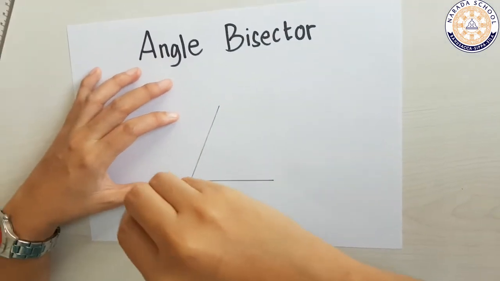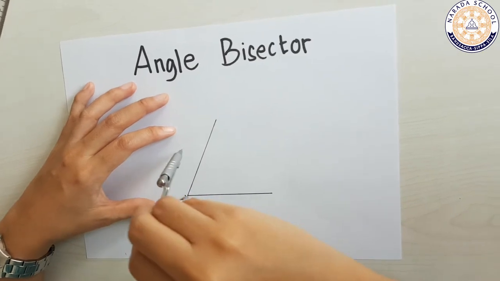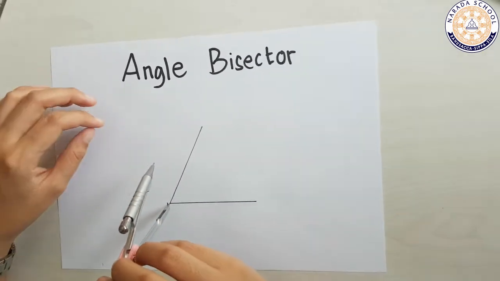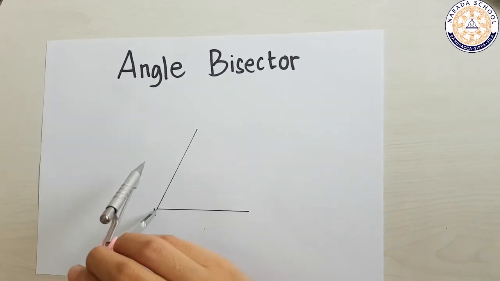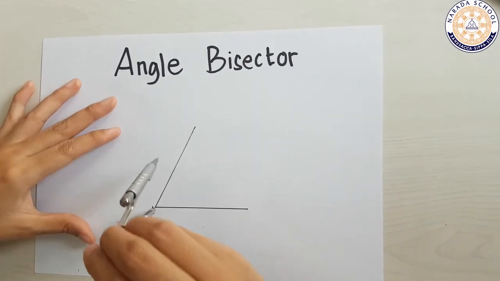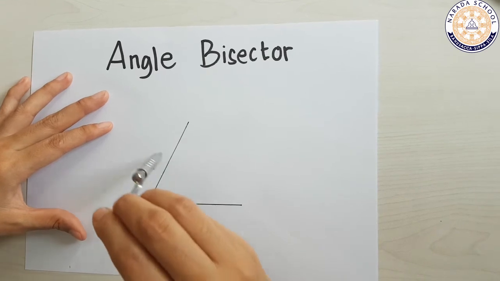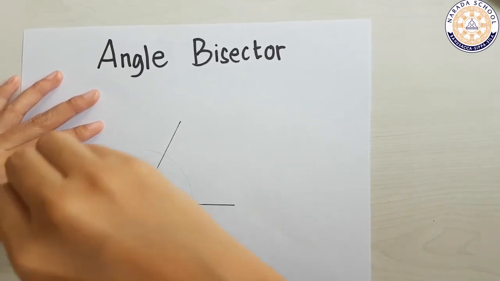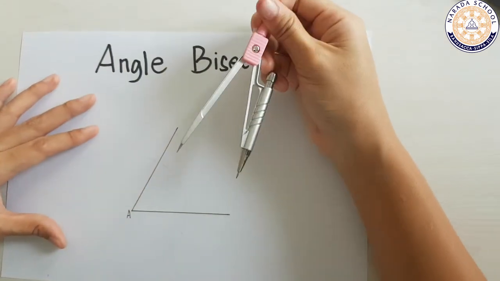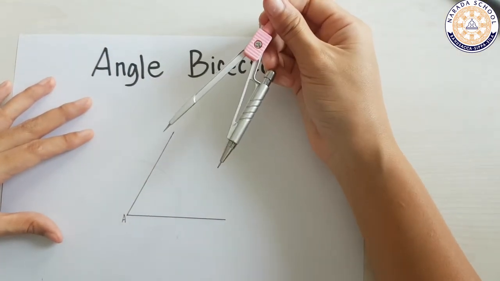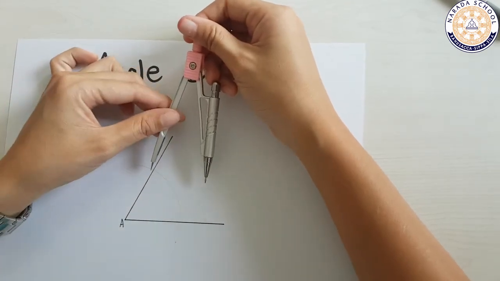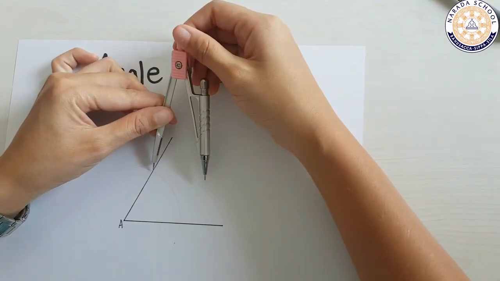For the length, you can use the same approach as when you construct the perpendicular bisector of a segment, so it can be half or more than half, and then I will make an arc. After this, using the same length, we just move the compass over here.